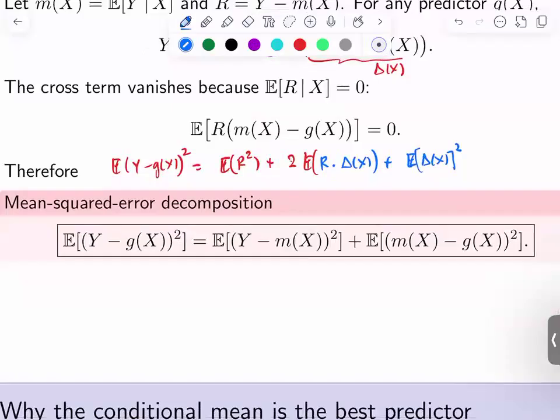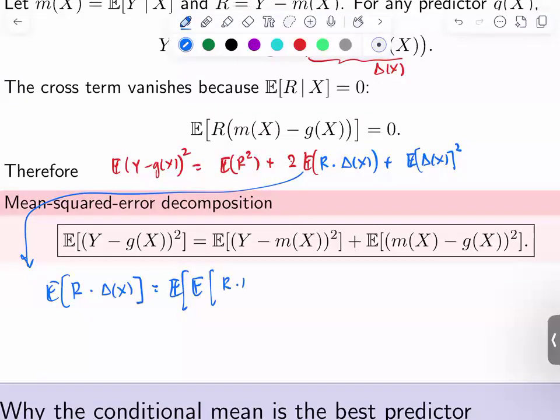Let's calculate this cross term, the expectation of r times delta x. We're going to use the trick that we had, Adam's law or the tower property, and condition on x.